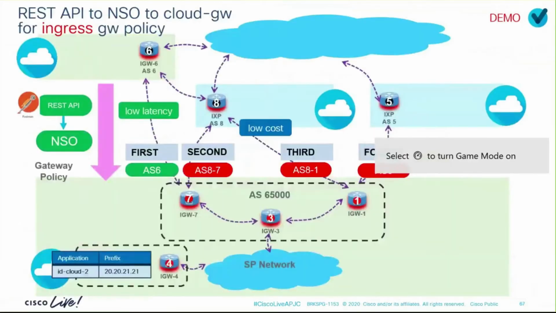Now, in this use case, I will use the REST API client Postman to configure all the policies together: the ingress policy, the incoming policy, which is the priority list here, and then for a certain customer prefix, ID cloud 2 on router 4, Internet Gateway 4, as well as the outgoing egress policy, in one go using the Postman REST API client.